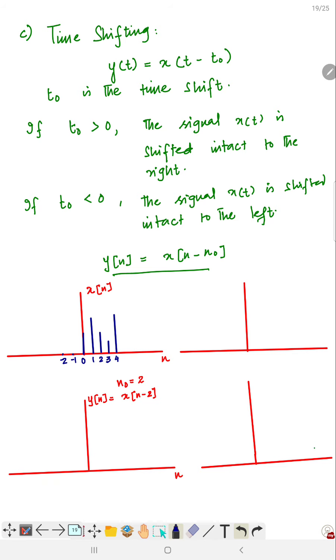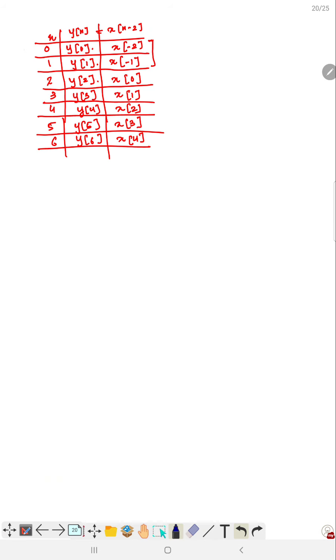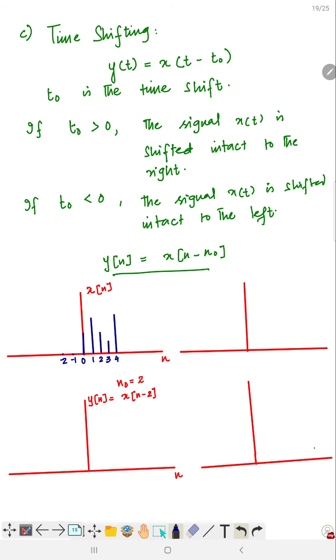Which means, if you go by this table, n equal to 0 and n equal to 1, that is y of 0 and y of 1, will have values x of minus 2 and x of minus 1. So they will essentially be 0.